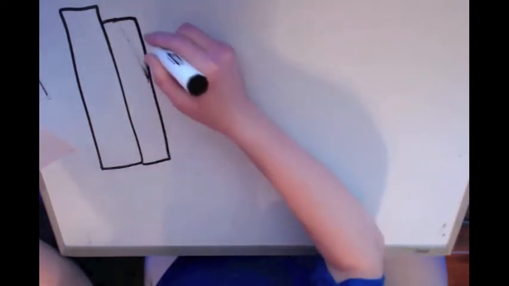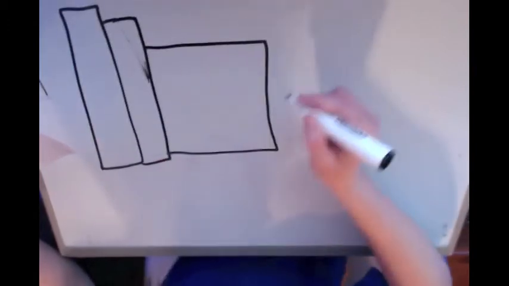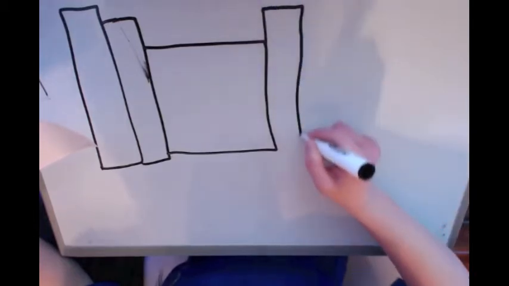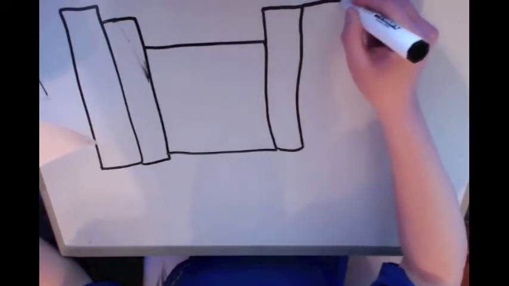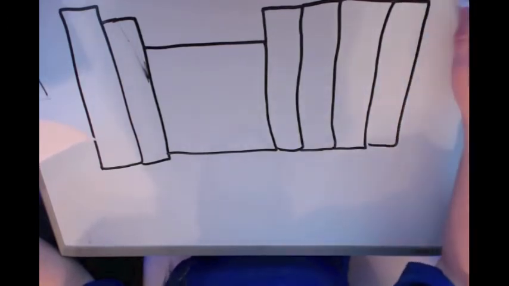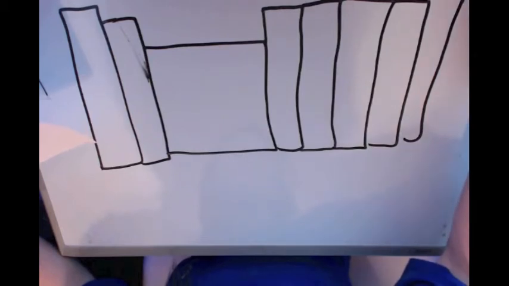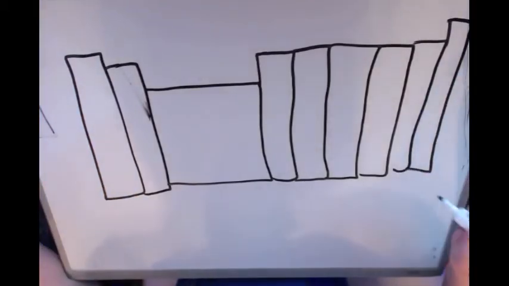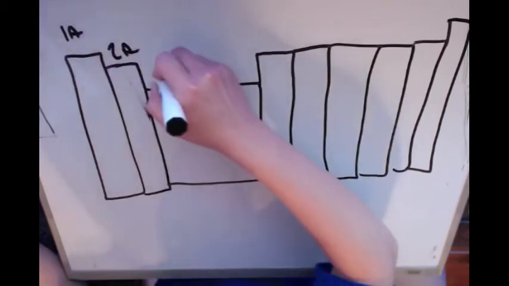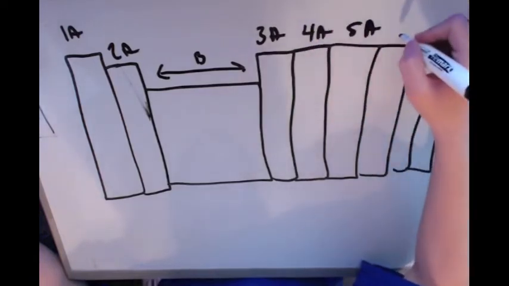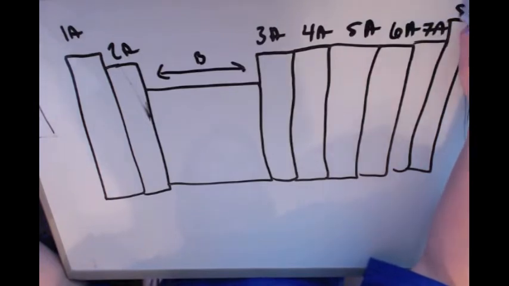Column 1A, column 2A, the middle portion, which are the B columns with the transition metals, then column 3A, column 4A, column 5A, column 6A, column 7A, and column 8A.